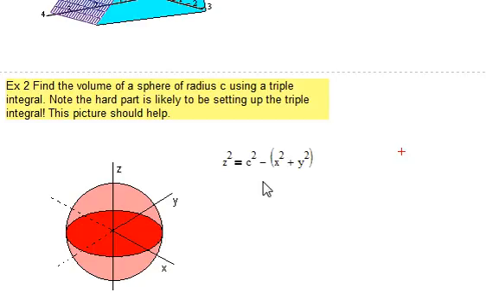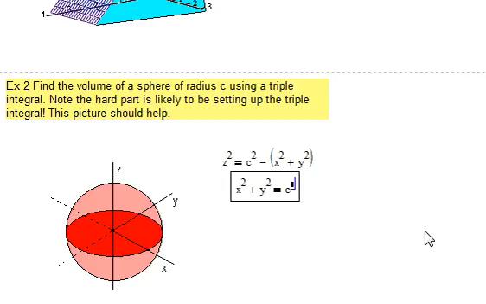So then we'd have to ask, what about this circle? Well, this circle is x squared plus y squared equals c squared, there's no z.